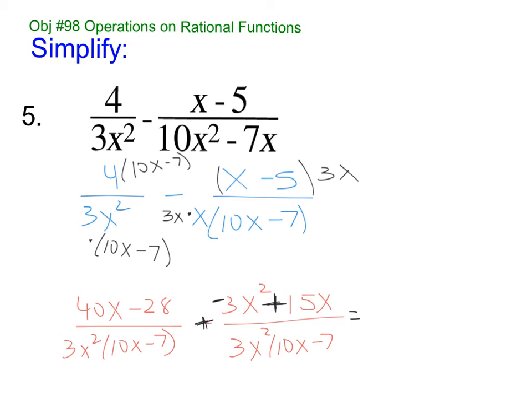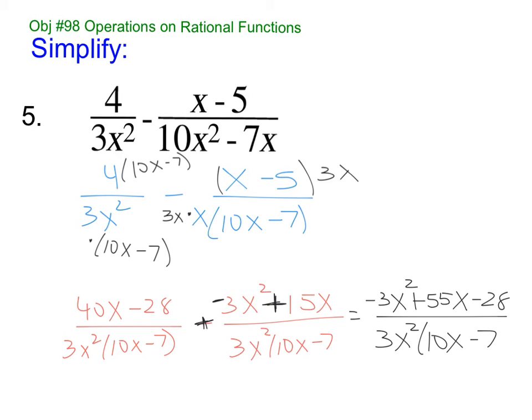So that gives me negative 3x squared plus 55x minus 28 all over 3x squared times 10x minus 7. And then I have these really annoying numbers, and I'm like, can I factor it?